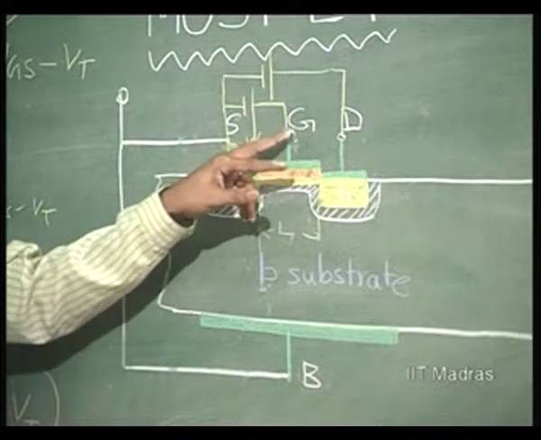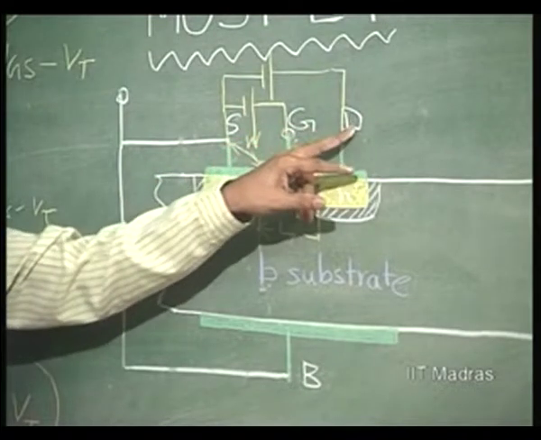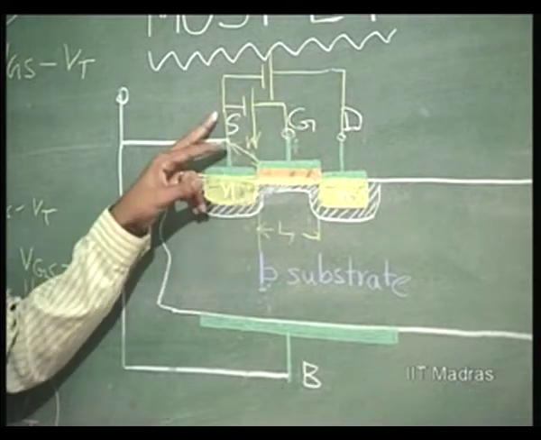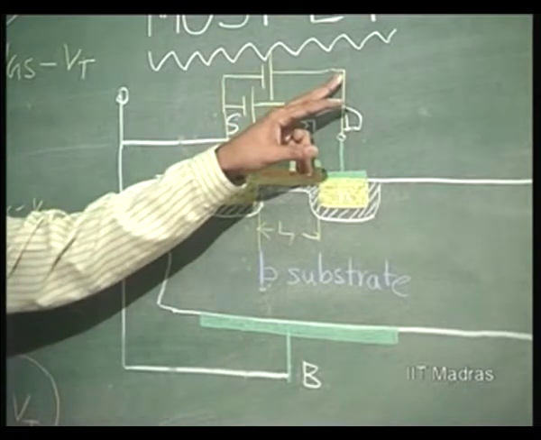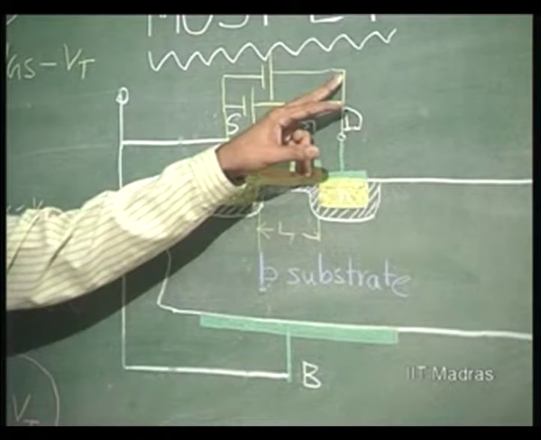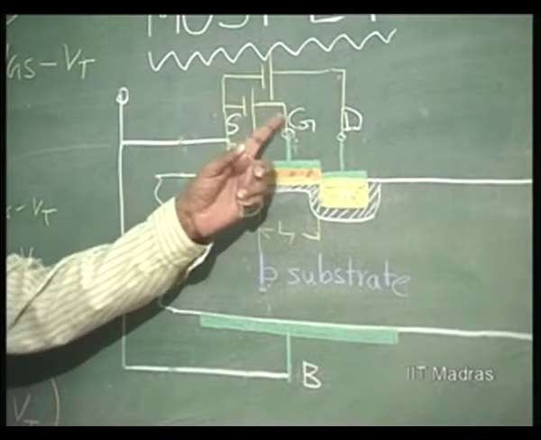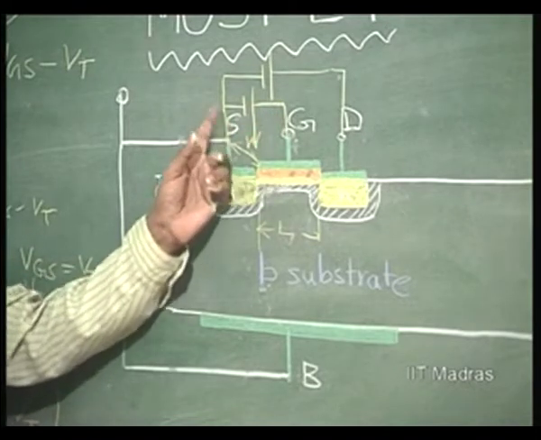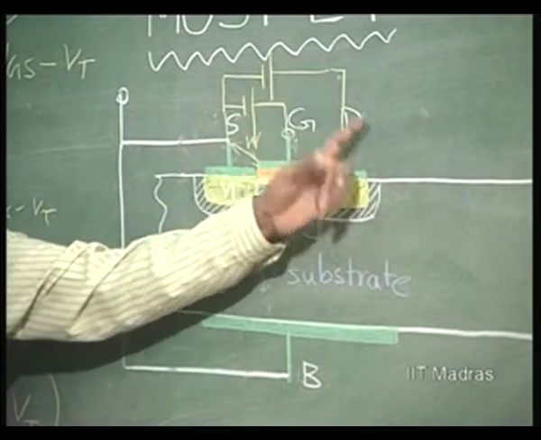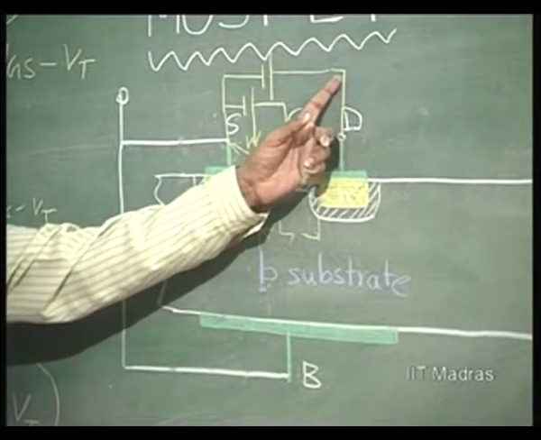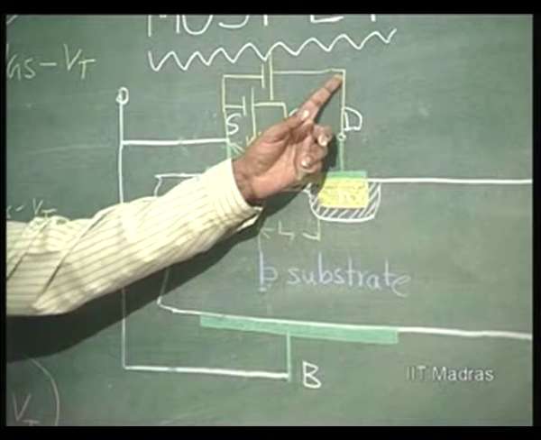Now, the voltage between G and D was the same as between G and S when this was shorted. But now I am applying a voltage; if you see from G, this is VGS, and VGS minus this voltage is what is applied, which is opposing this, right. So, what should happen to the channel width?